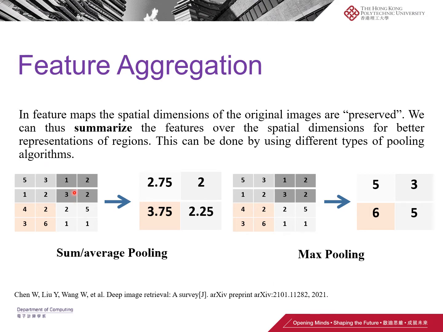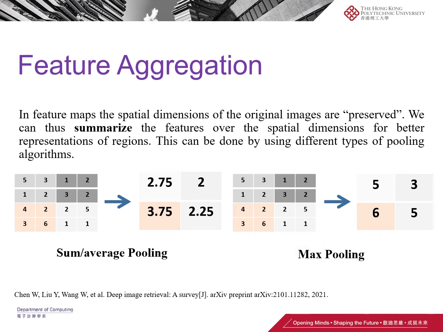Like doing this, you can use max pooling or average pooling to summarize every consecutive window into one neuron. So this is what we have introduced. You should be familiar with that already.